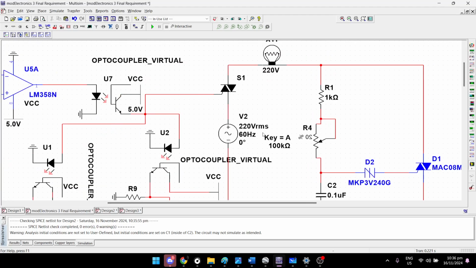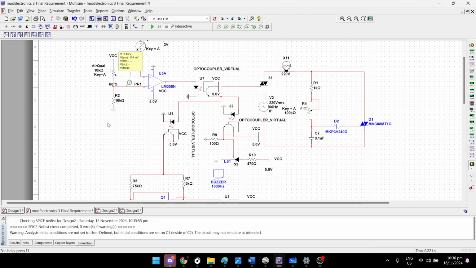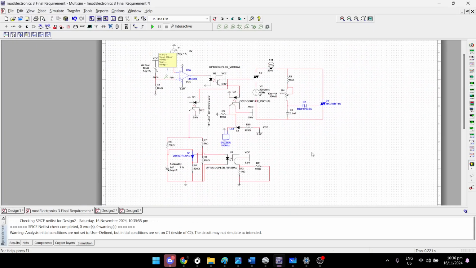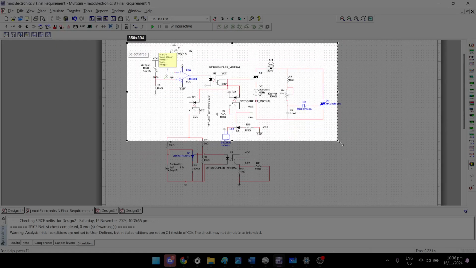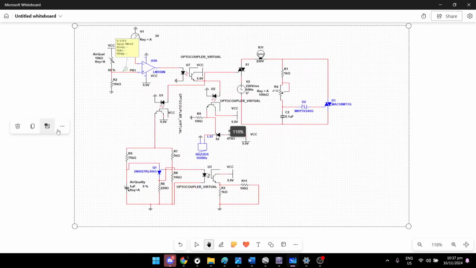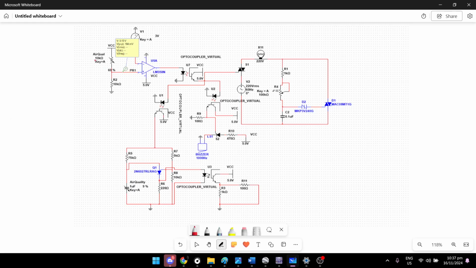So overall, what does the system do? Let me just take a screenshot here. What it basically does is that we have here one sensor.